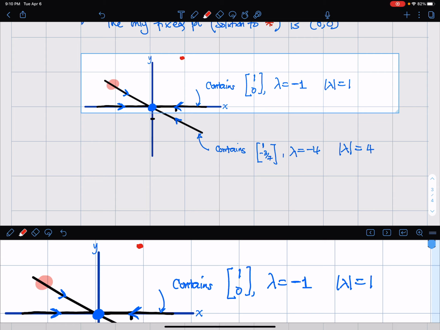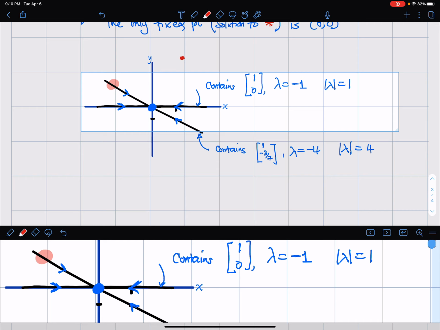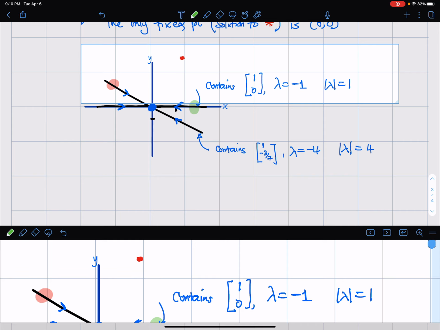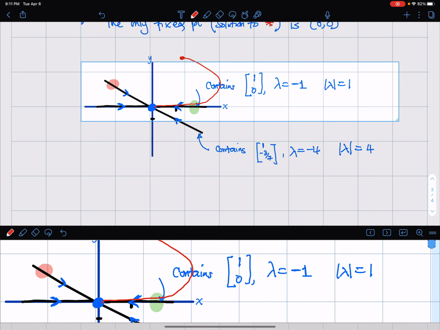Then I'm going to end up being asymptotic to this eigenvector, behaving like the one with a smaller eigenvalue, and I'm going to go towards the origin.